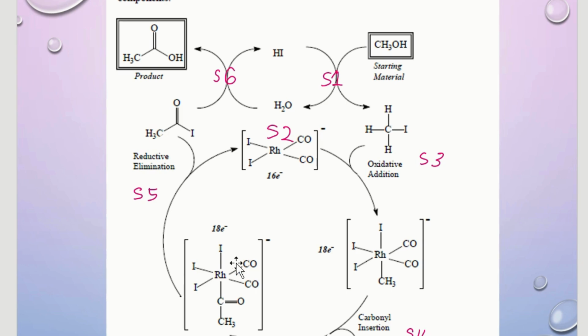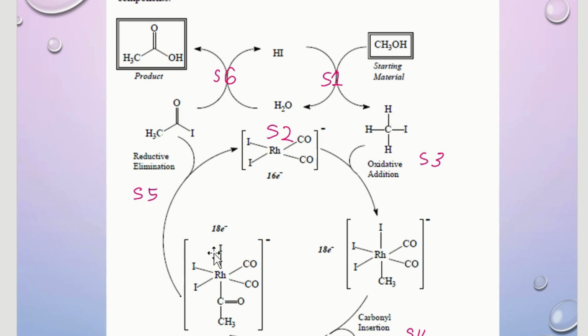And step number 5: we want to regenerate our catalyst. This step involves reductive elimination, which eliminates acyl iodide. The acyl iodide then reacts with H2O, and at the end, in step number 6, produces the acetic acid.